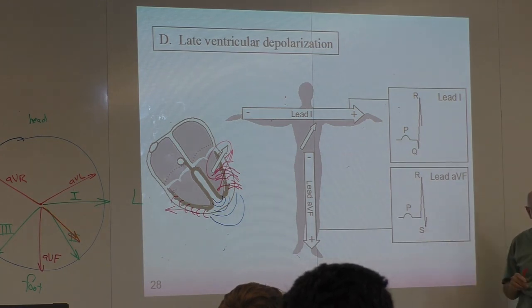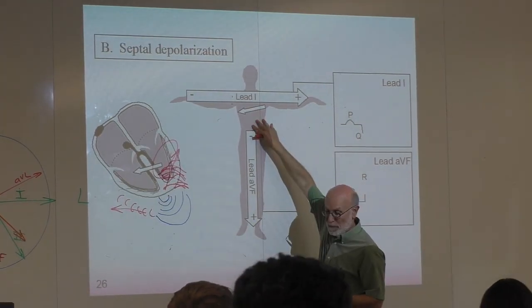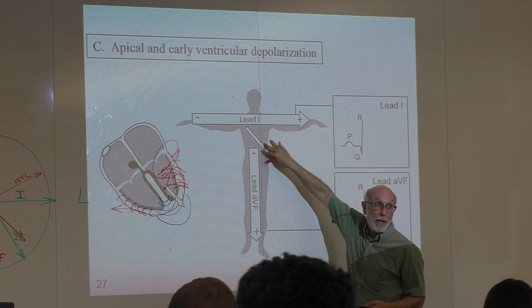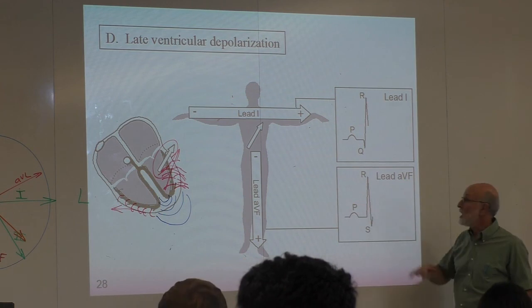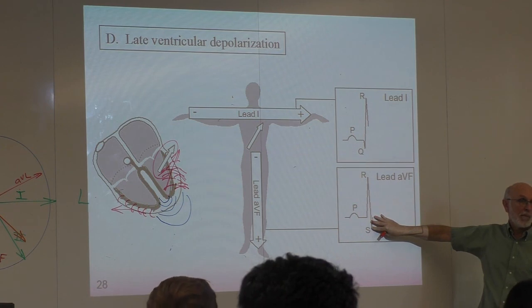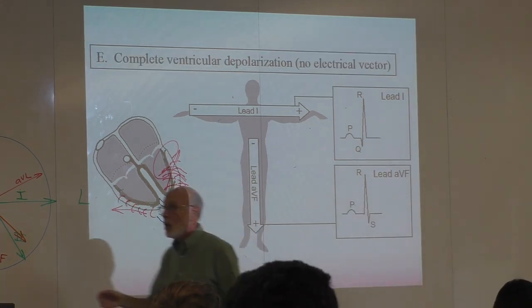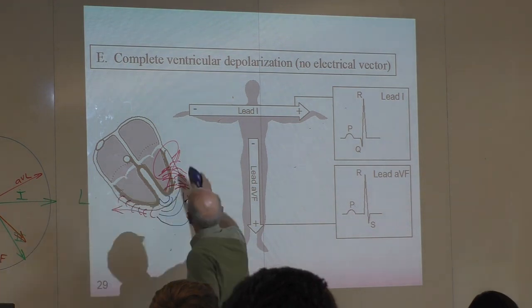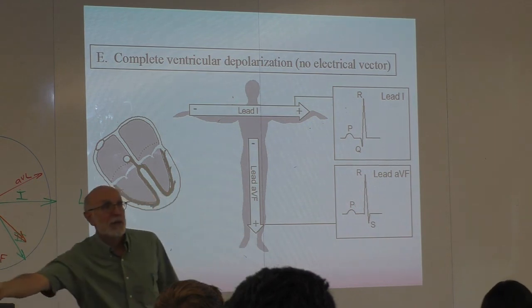So combined, let's walk through this more quickly. Septal, apical, the big one, free wall depolarization generates the QRS complex. And then later, so now, almost. Depolarization has spread throughout the ventricles.